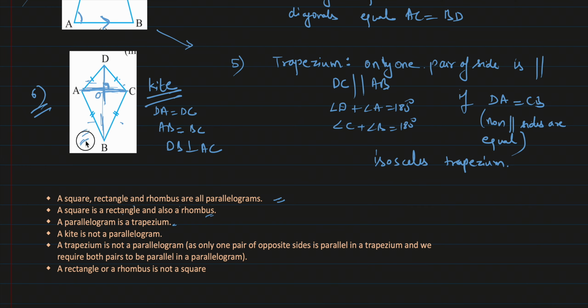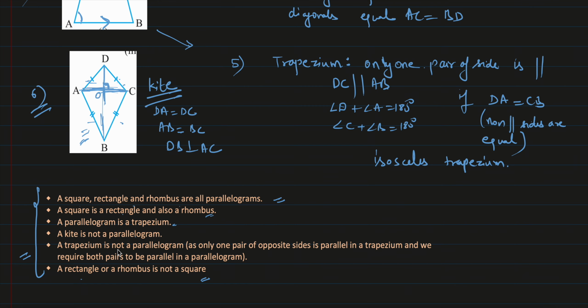You can see in this figure. A trapezium is not a parallelogram because all opposite pairs of sides are not parallel to each other. Only one pair is parallel. So a rectangle or a rhombus is not a square. A square is a rectangle and rhombus, but a rectangle or rhombus is not a square. So these were a few points you need to remember, students.